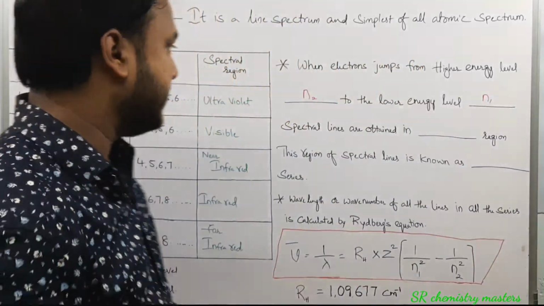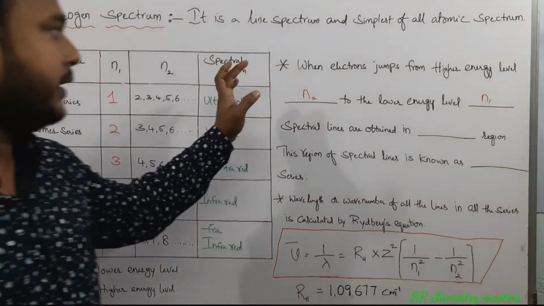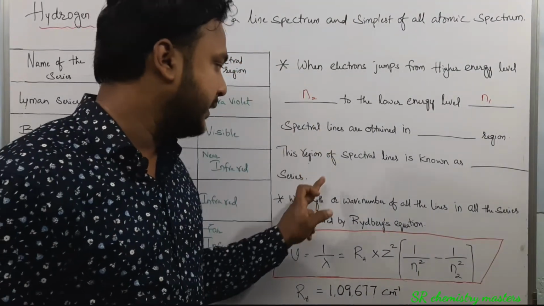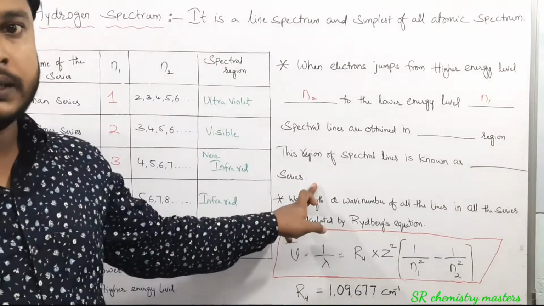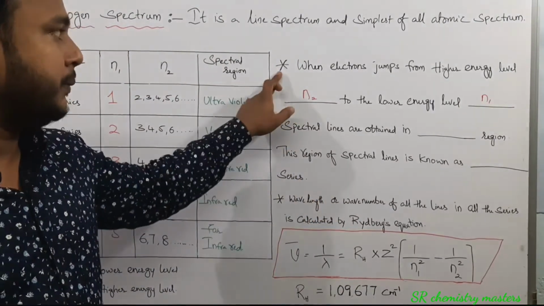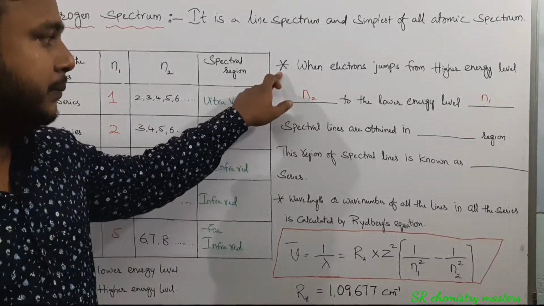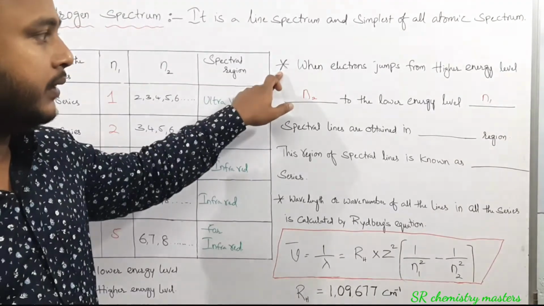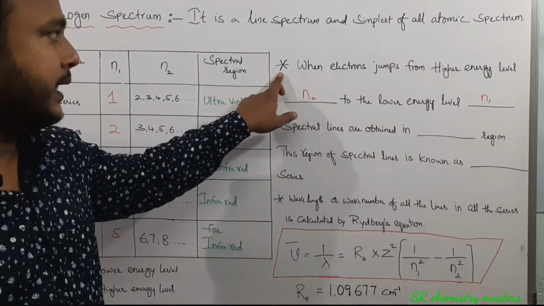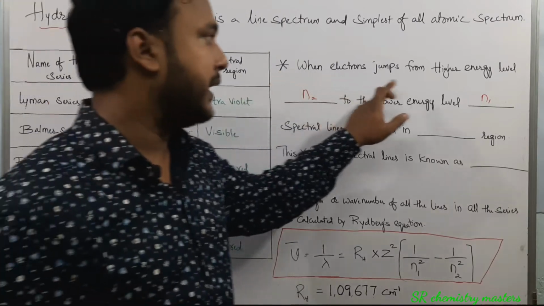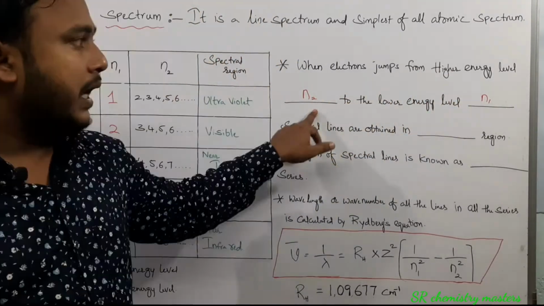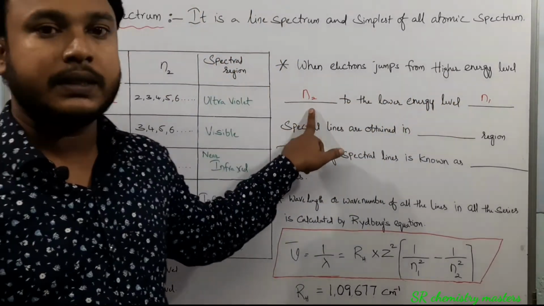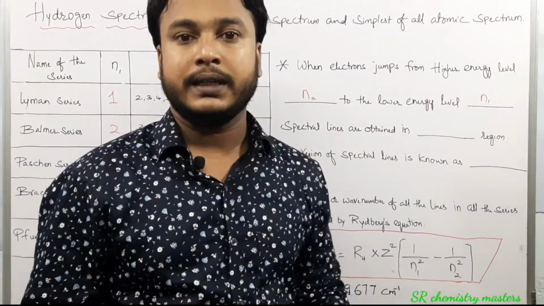Let us see the other series. We have made a sentence so that it will be easy for you to understand all the series. Here we have made a general statement based on which you can easily understand what is happening. Here, when the electron jumps from the higher energy level, that is N2, always remember, the higher energy level is the level from where the electron is getting de-excited.